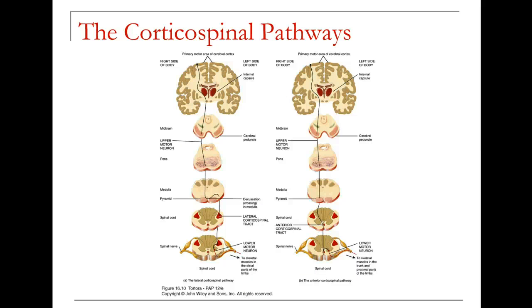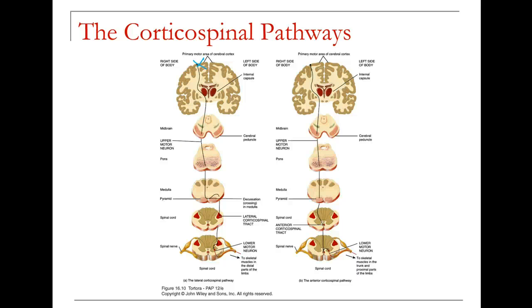So here's a little view of some corticospinal pathways. Now there are lots of different tracts that these corticospinal pathways can go through, but you can see that it starts way up here in your cerebral cortex and will go all the way down. The upper motor neuron in this direct pathway will go all the way down.